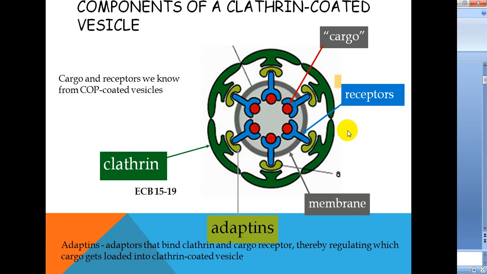So this is the complete structure of a clathrin coated vesicle. These adaptins are adapters that bind clathrin and the cargo receptor, thereby regulating which cargo gets loaded into the clathrin coated vesicle.